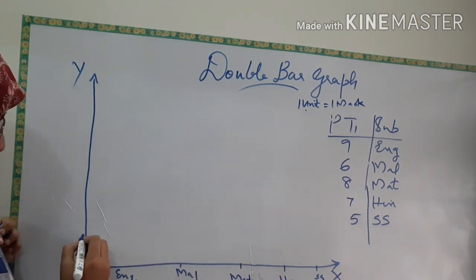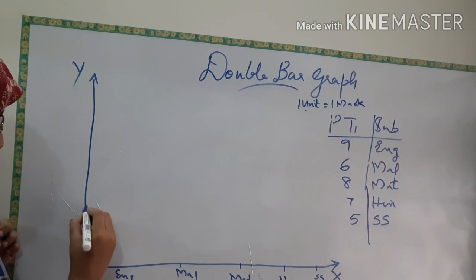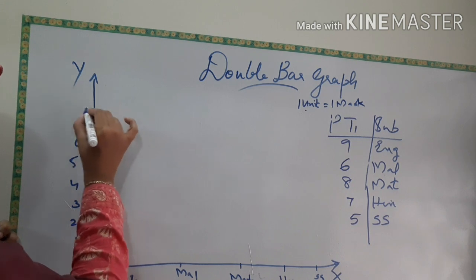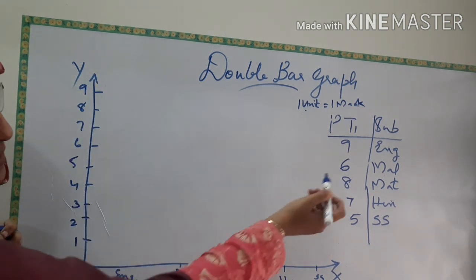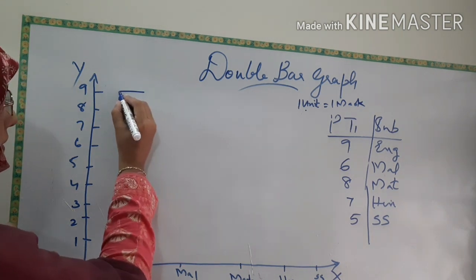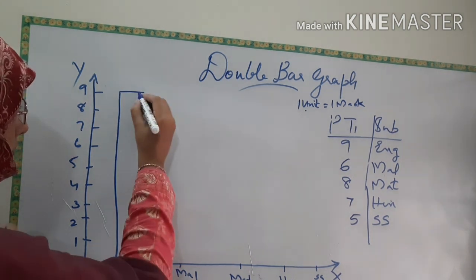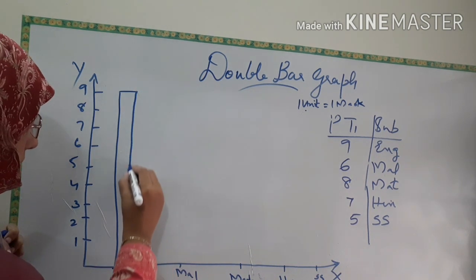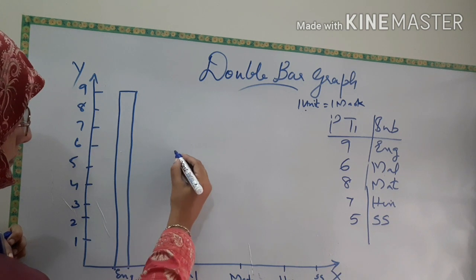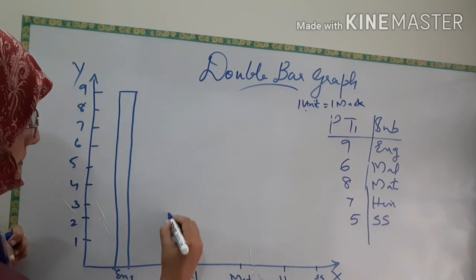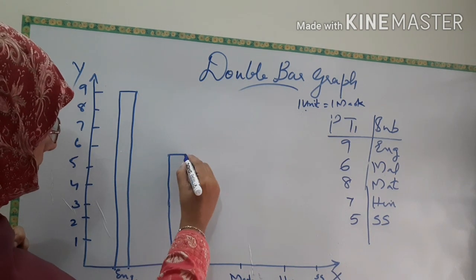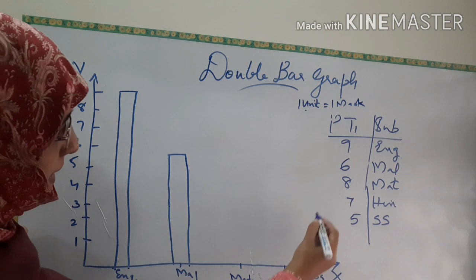Now how will you draw the bar graphs? First like marks 1, 2, 3, 4. Now see, English 9 marks, so you write it as 9 here. Then Malayalam 6. Then in Maths 8 marks.